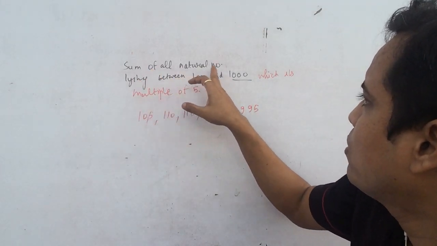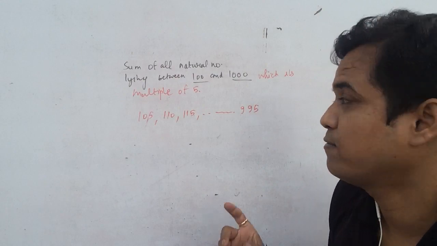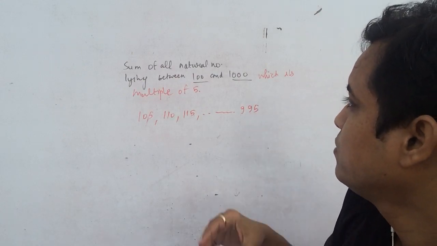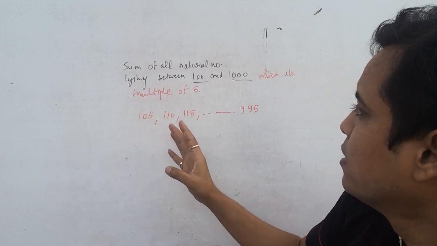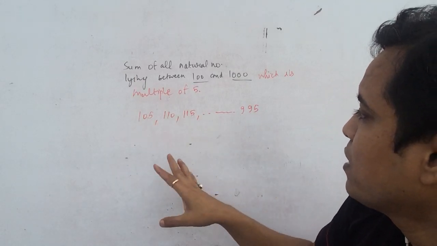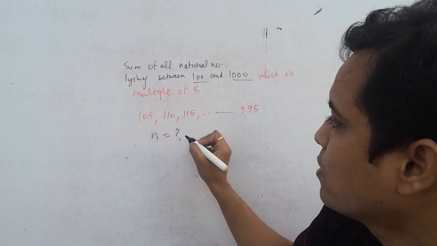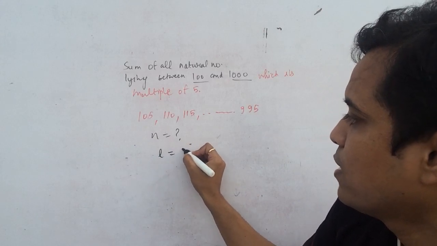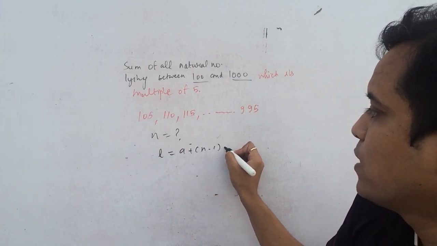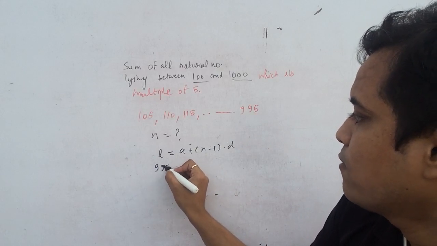Now the sum of all these natural numbers. Before finding the sum, you need to find how many terms there are. So you need to find n. How would you find it? You have the last term, l equal to a plus n minus 1 into d. What is your l? 995.